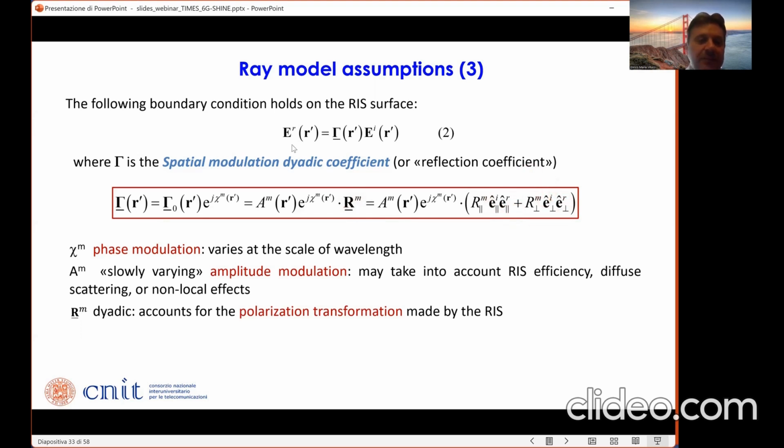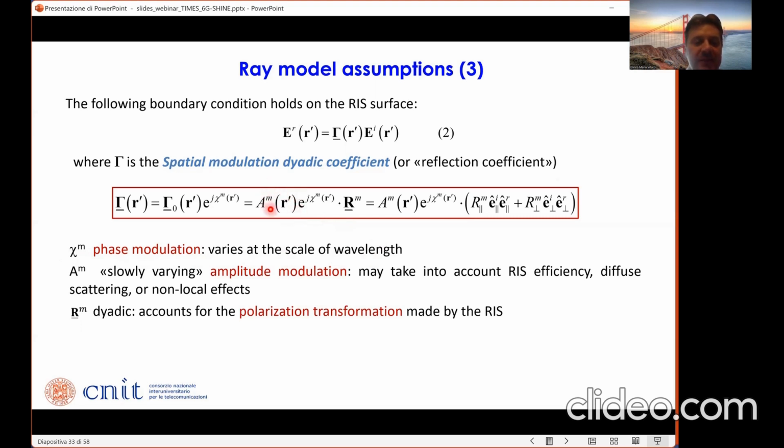So in the end, this coefficient is composed of three factors. The first factor is this complex exponential, where we have the phase imposed by the RIS on the generic tile. And as I said before, this phase varies at the scale of the wavelength.